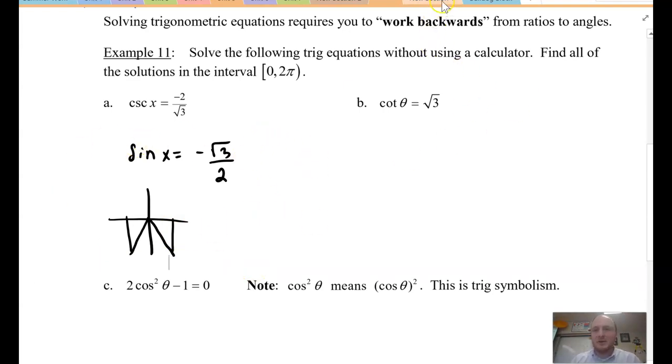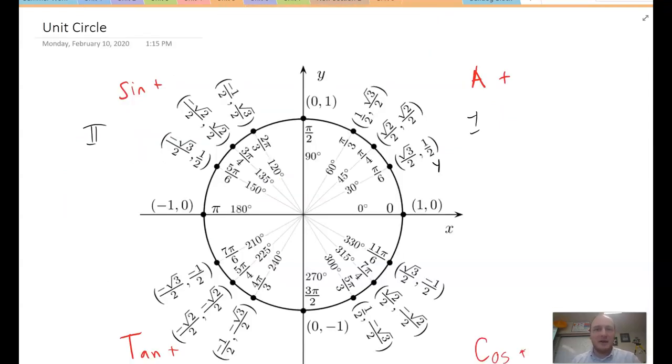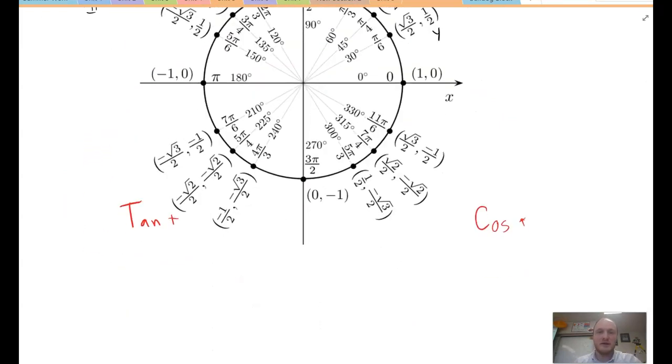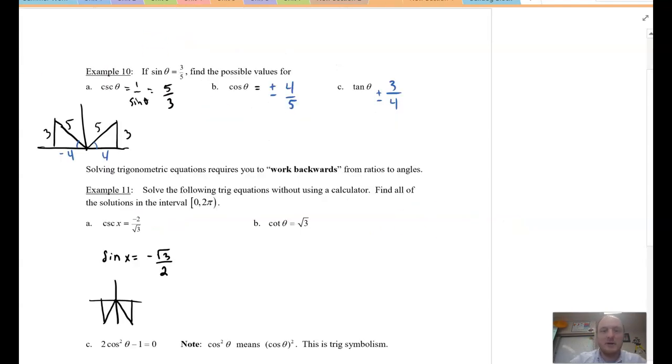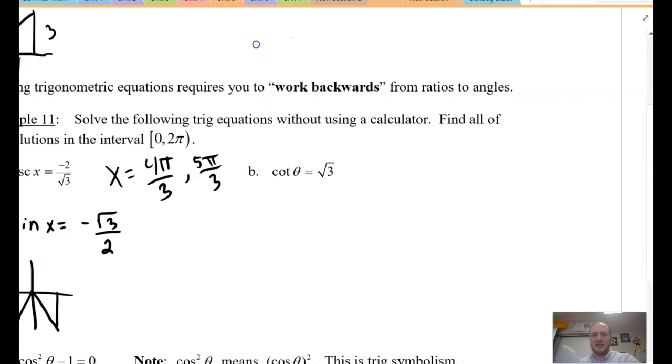So we can look at the y values, and if you have your unit circle, where are my y values negative? Here and here. So that's 4 pi thirds and 5 pi thirds. So x is equal to 4 pi thirds, 5 pi thirds. All right, next, cotangent of theta.